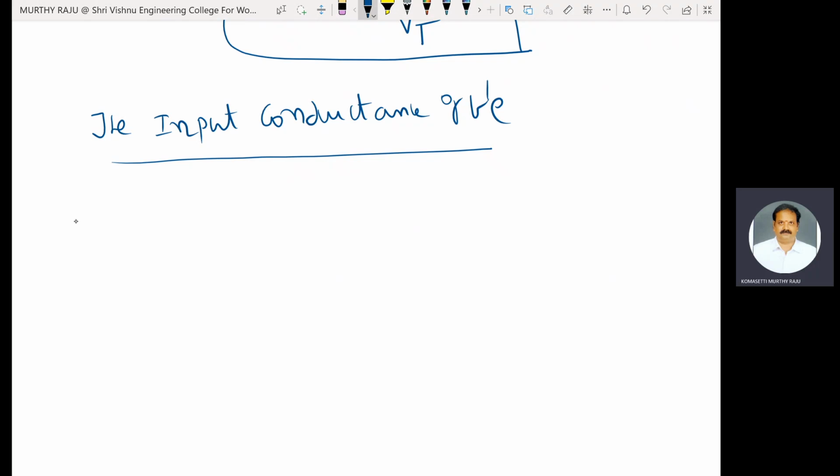Two models are considered. First one is a hybrid pi model.